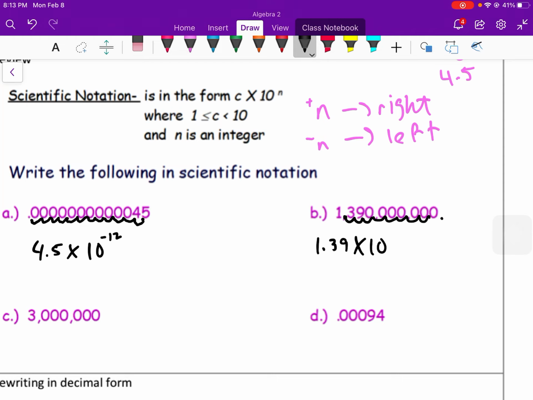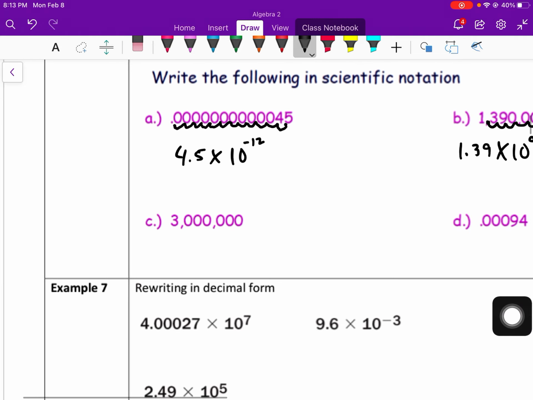So 1, 2, 3, 4, 5, 6, 7, 8, 9. That's a positive 9. So for 1,390,000,000, scientific notation is 1.39 times 10 to the 9th power. That's how we can rewrite that.